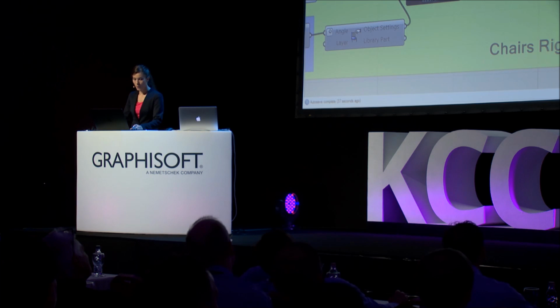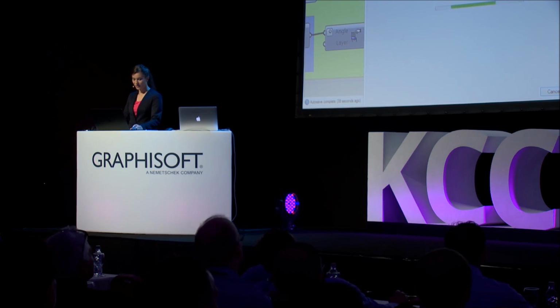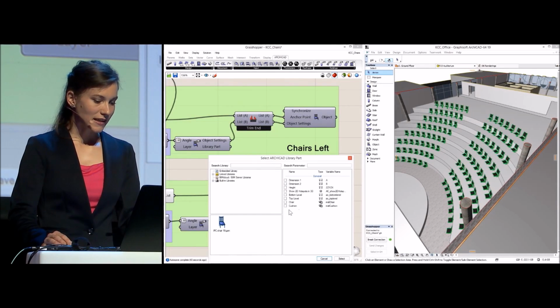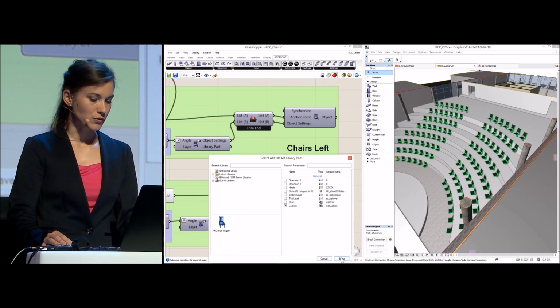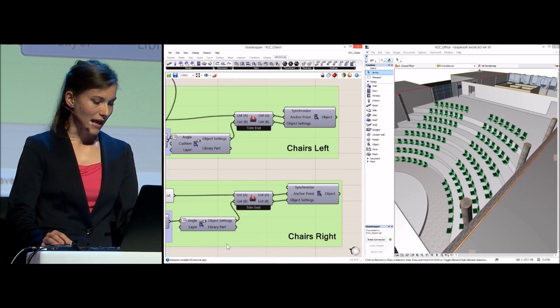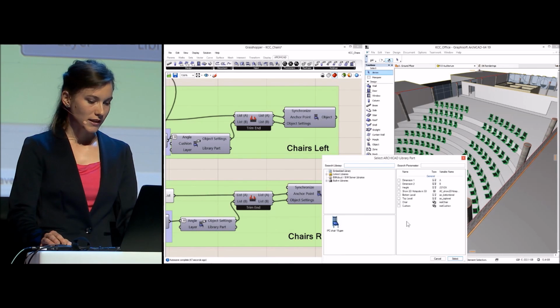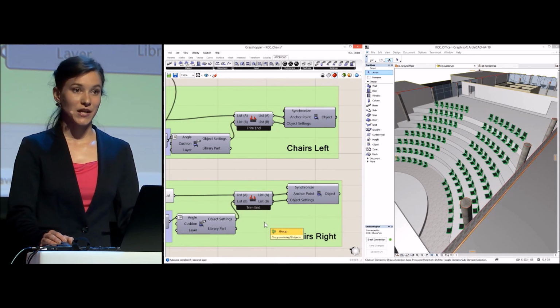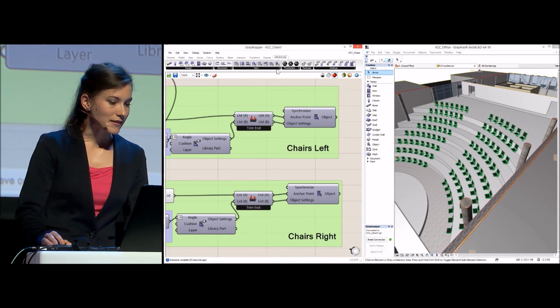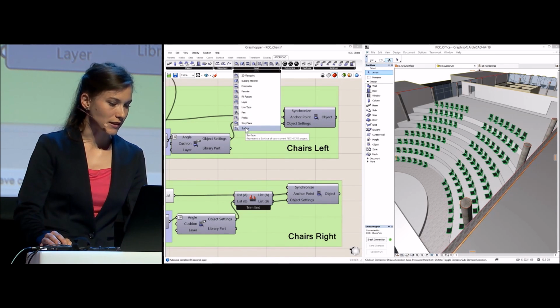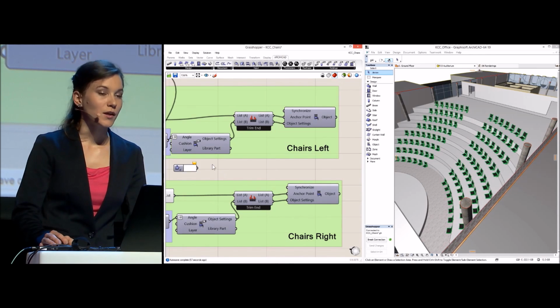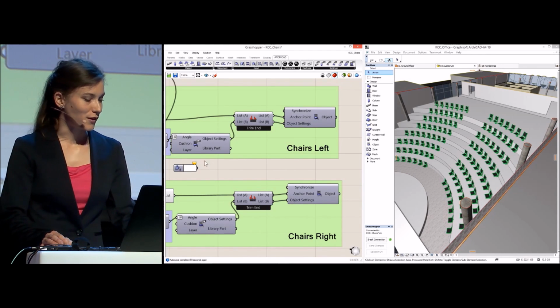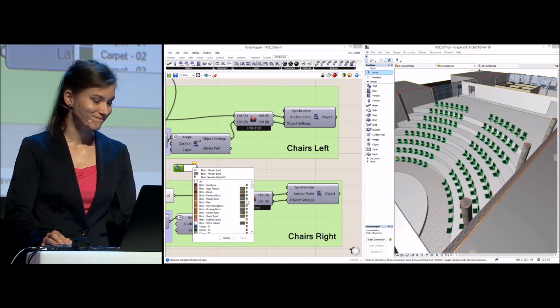I only need to open a dialog in Grasshopper, select the parameters that I would like to control from Grasshopper, and as a result, the controlling node will be extended with the desired new input parameter, and so I have access to its value. Now, what color would you prefer for our chairs?